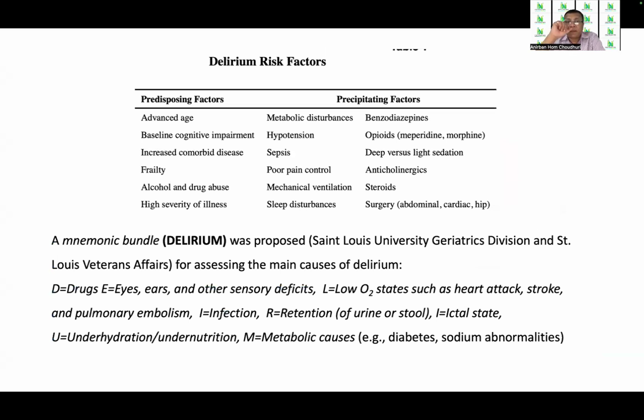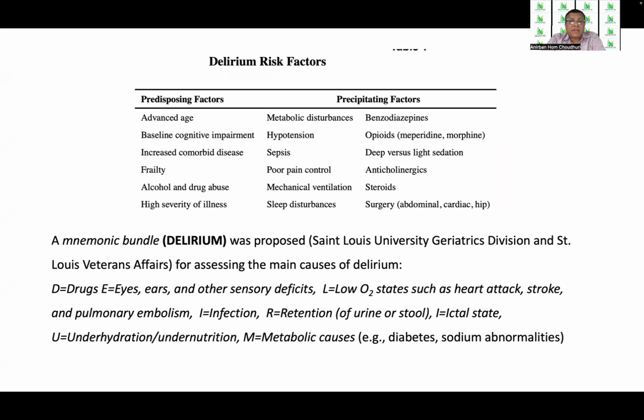So what are the risk factors? There are certain predisposing factors and certain precipitating factors. Predisposing factors include advanced age, baseline cognitive impairment, increased comorbid disease, frailty, drug and alcohol abuse, and higher severity of the illness.